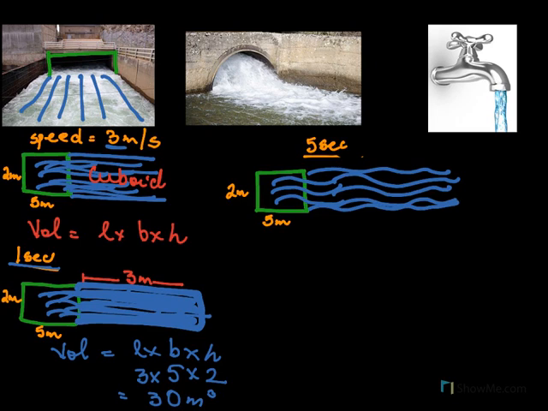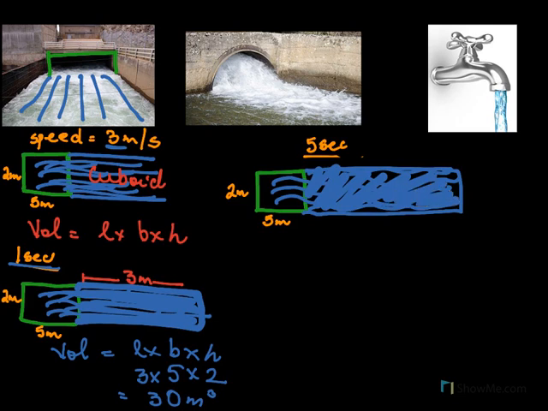This again will be a cuboid. This is the distance it covers in 5 seconds. This volume of water I need to calculate. Since it's a cuboid, it is length into breadth into height. Now the breadth and the height we know, 5 and 2.